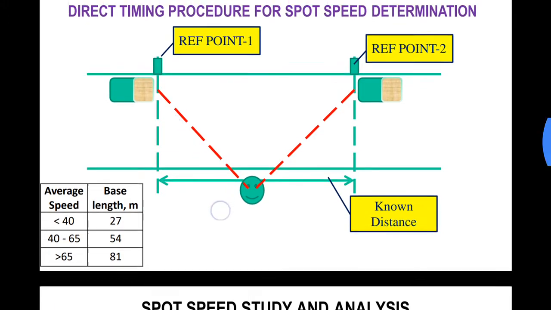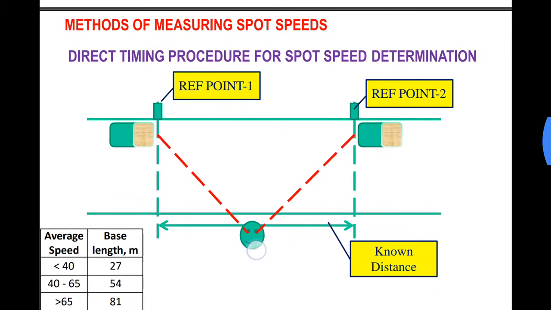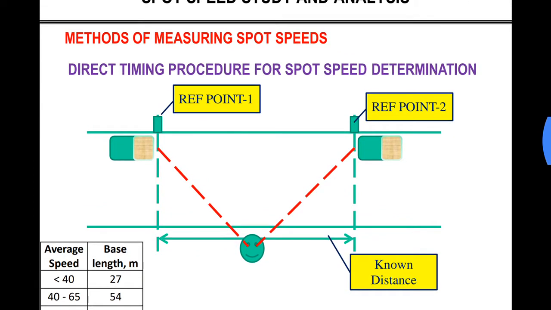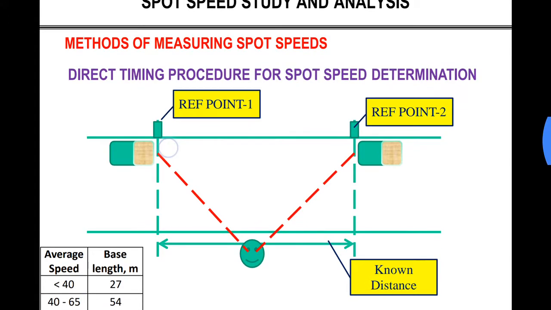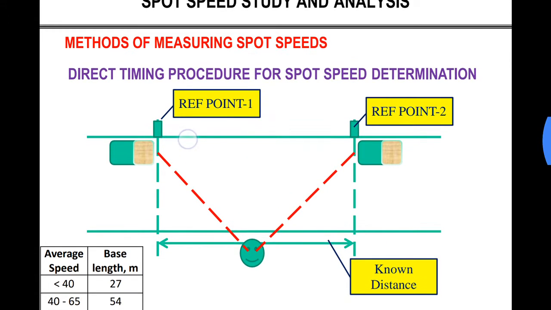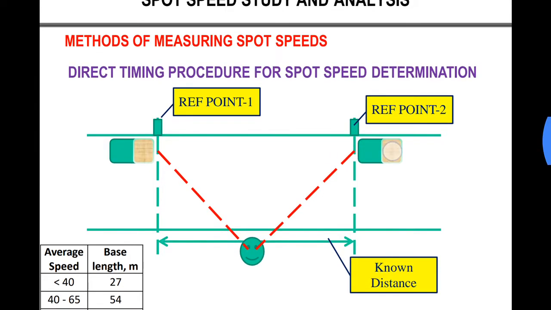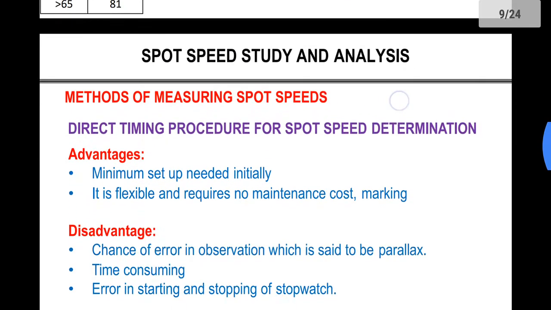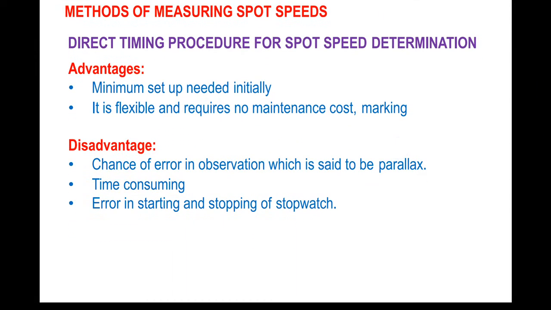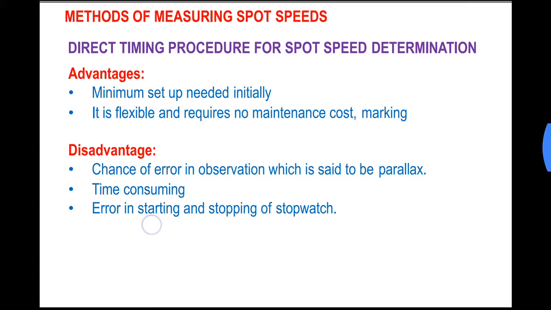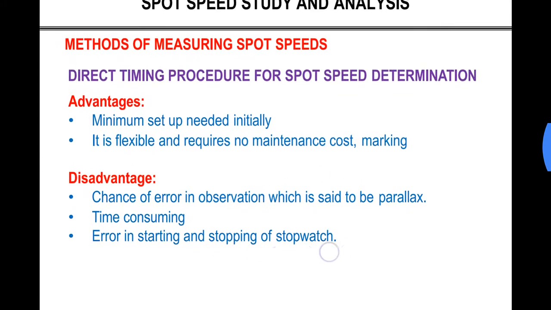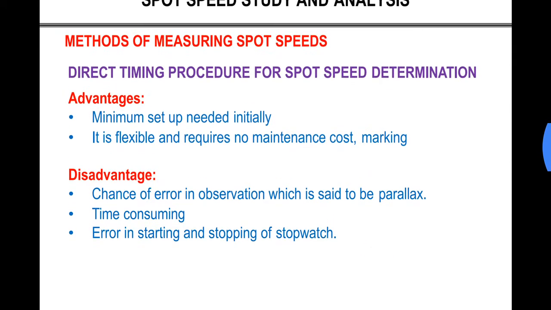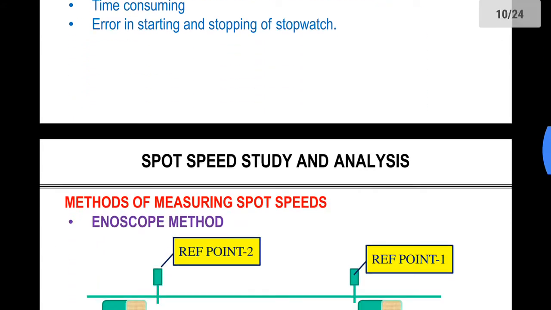Basically, he has a stopwatch and he switches it on when the vehicle crosses reference point 1 and then stops it when it crosses reference point 2. So there are chances of parallax. It is time consuming, and there is error in starting and stopping of the stopwatch. These are a few disadvantages of this method.